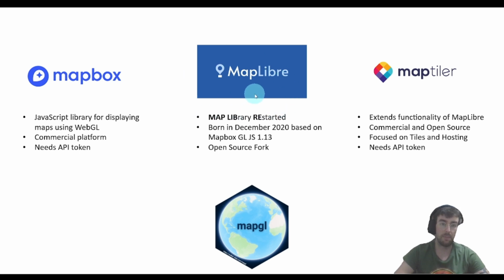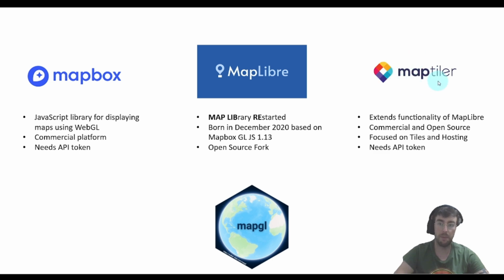Then we have MapLibre, which stands for Map Library Restarted, and it was born in December 2020 based on Mapbox GL JS 1.13, which was the latest version of Mapbox that was open source. So this was a work taken by some contributors that wanted to keep this project as an open source work, and they started to work independently from Mapbox.